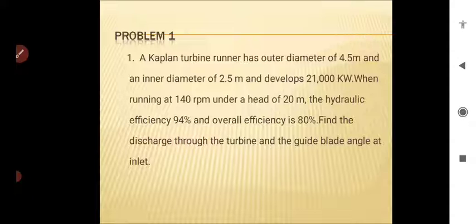The hydraulic efficiency is 94% and overall efficiency is 80%. Find the discharge through the turbine and guide blade angle at inlet.